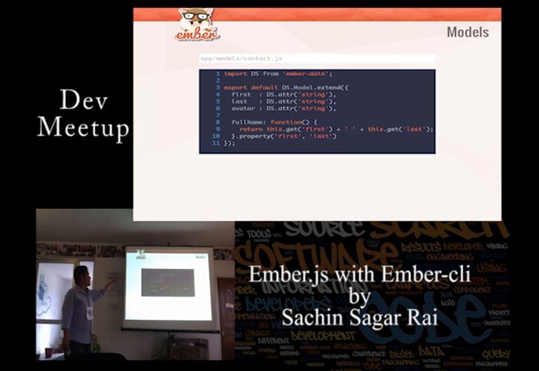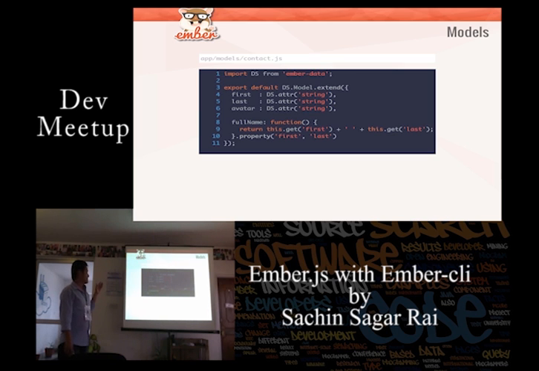Here we are importing another thing, Ember Data. To make an application in Ember.js, Ember Data is not necessary, but I highly recommend using it from the get-go, because it will be easier to manage the database or API part later on.